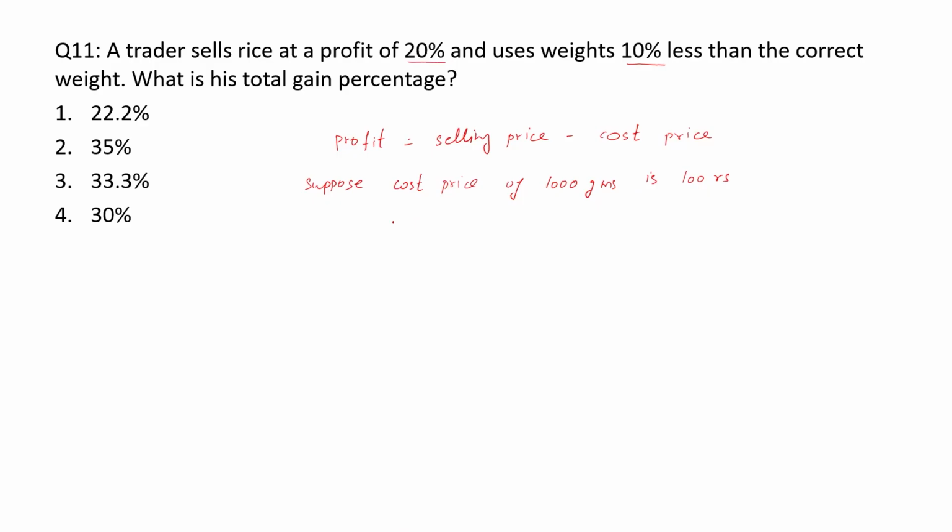So profit should be 100 into 20%, because 20% profit he is taking, no? So profit is 20 rupees. So selling price is 120 rupees for 1000 gram.